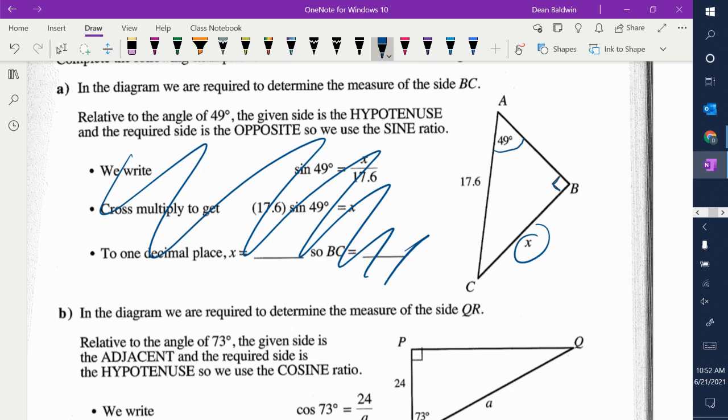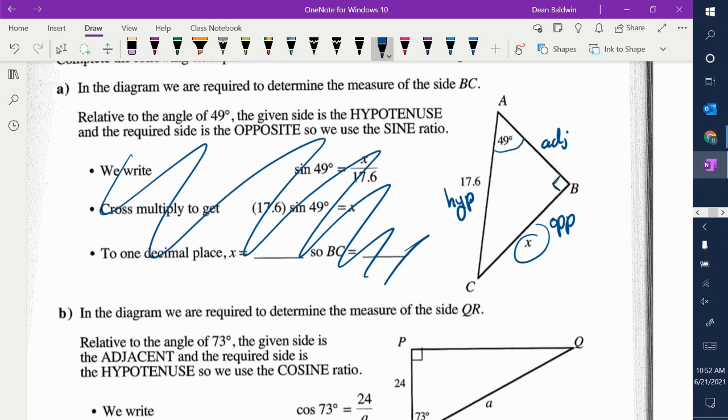Label the sides. If that's the angle we're given, that's where we stand. What side is x? That's opposite. 17 is the hypotenuse, and this is adjacent, even though we don't really need it because it doesn't give us any information. Now we're trying to find the opposite.